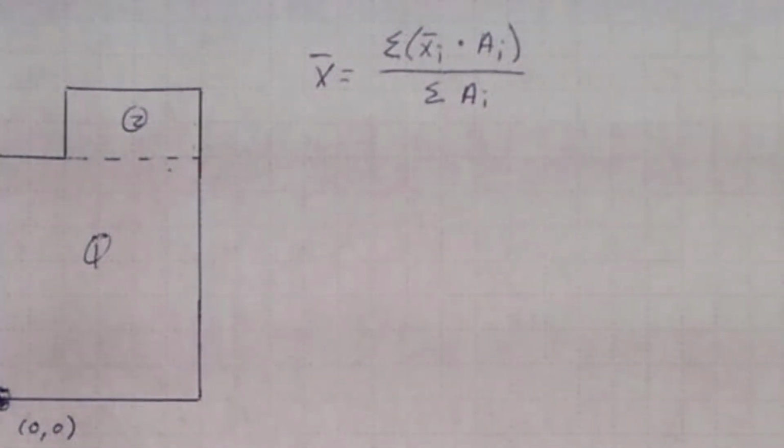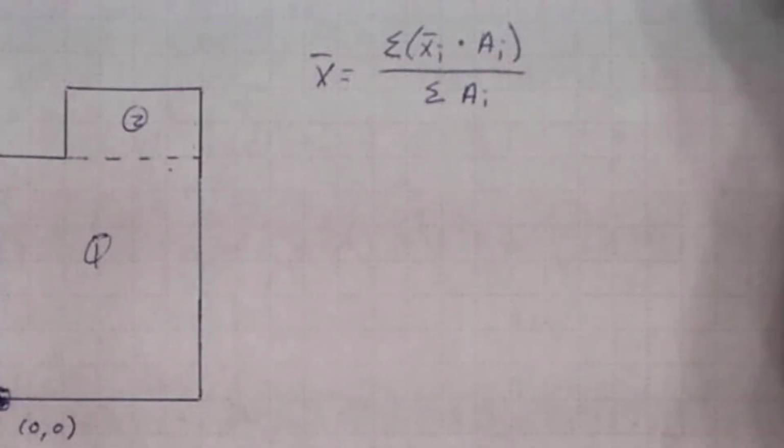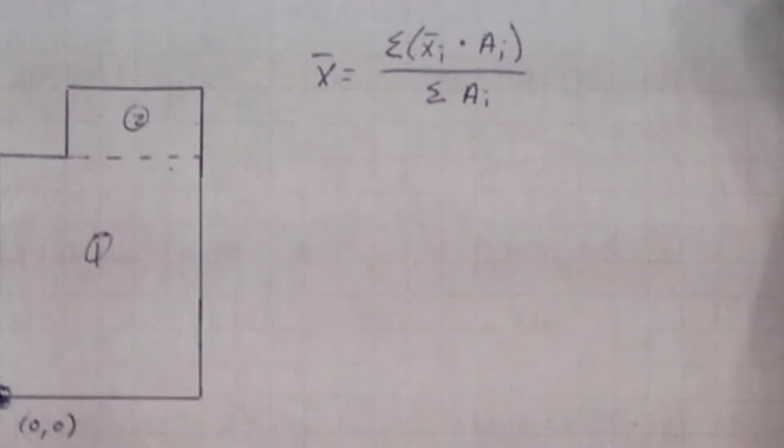All right. Now understand x bar i, area i, all that means is x bar shape 1, area shape 1, x bar shape 2, area shape 2. And it's just however many shapes. You may have to break an object into 5 shapes in order to find its centroid. So don't let this formula confuse you too much.